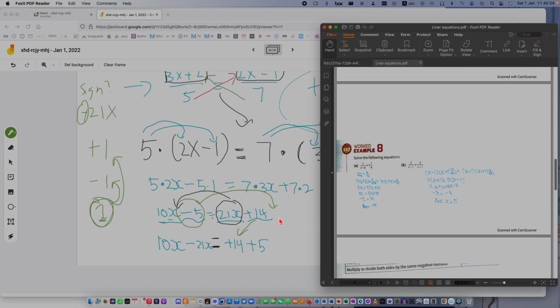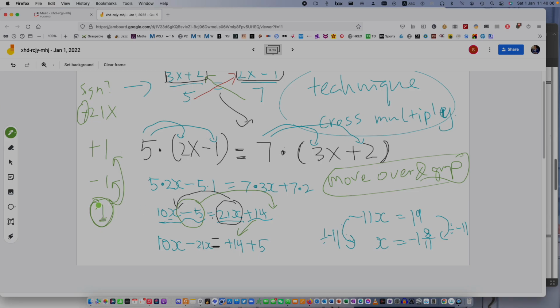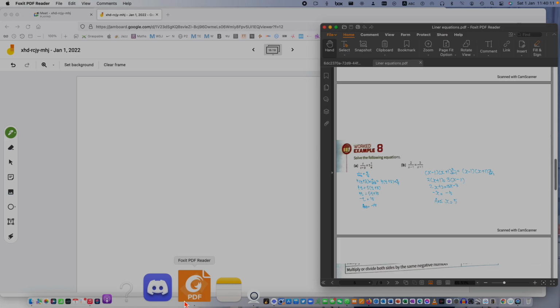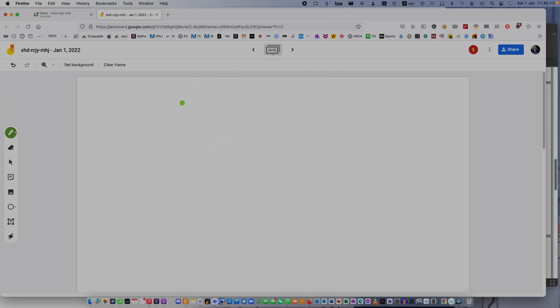This one. Okay, good. Can you continue with this question? So what technique do you need to use?